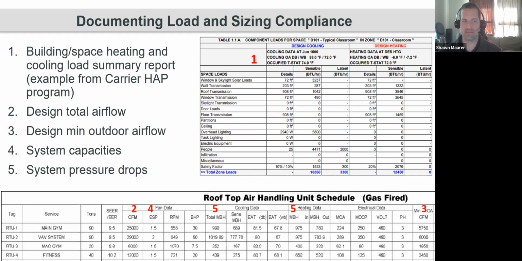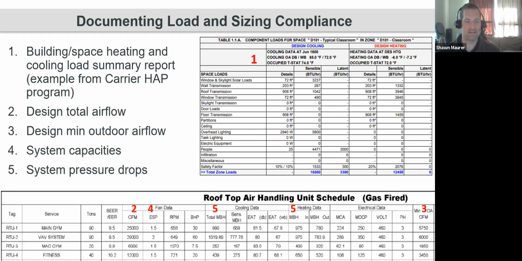But key things to be aware of in this documentation, individual space loads is important. Not only does that impact the sizing of the equipment, but it also impacts sizing of the ductwork and airflows to those spaces, impacts the ventilation requirements for those areas, design total airflow of the air handling system. Minimum outdoor airflow must be documented as well.